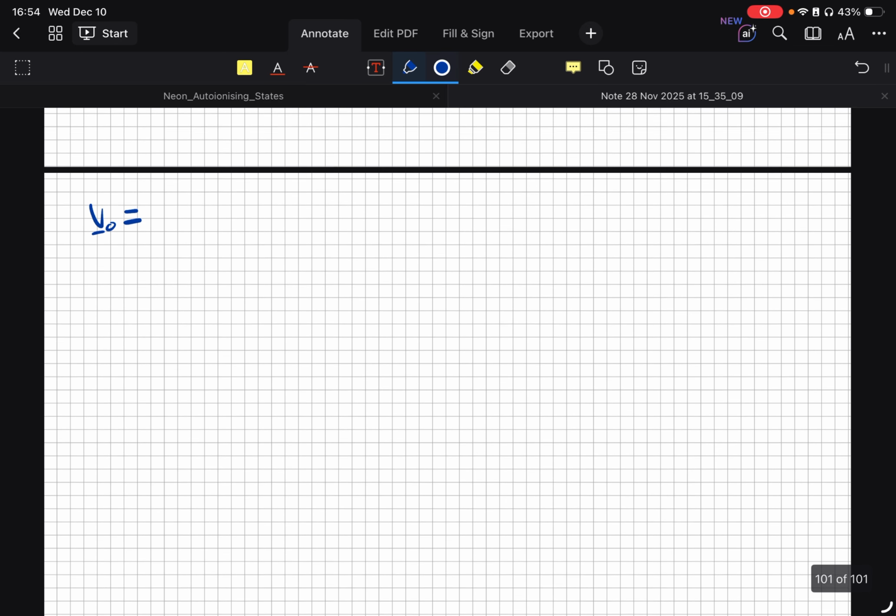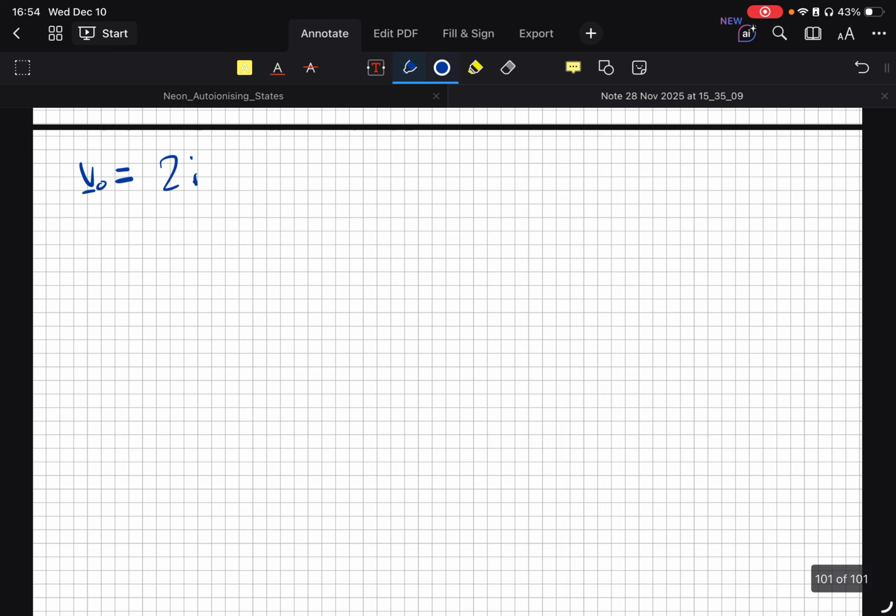So the velocity can be written in component form, 2i plus 5j meters per second. That's our velocity. And we are going to set about trying to solve the SUVAT equations for this motion. And in order to do that, we need to think a bit carefully about what else we know.